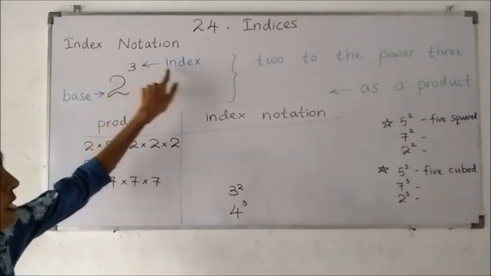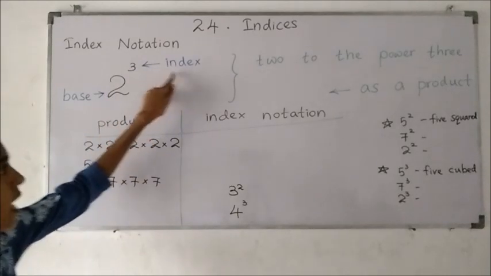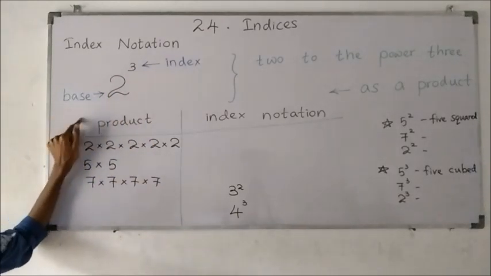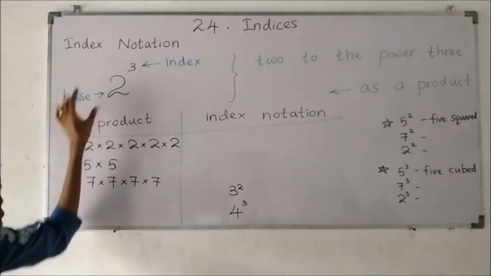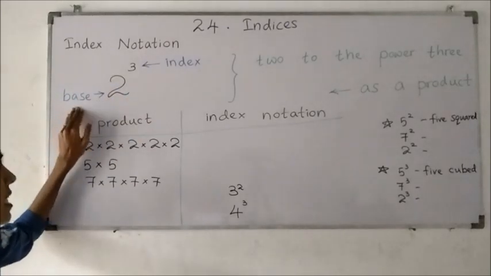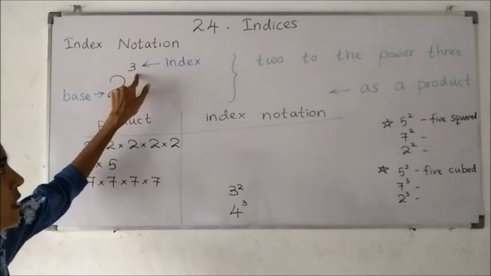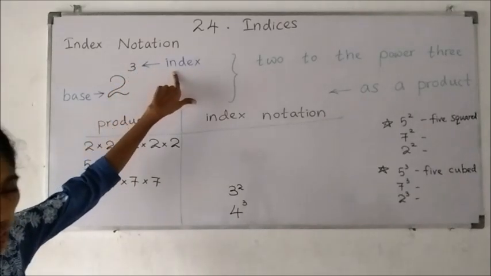This small number is called the index, and the down number is called the base. Remember these two names.